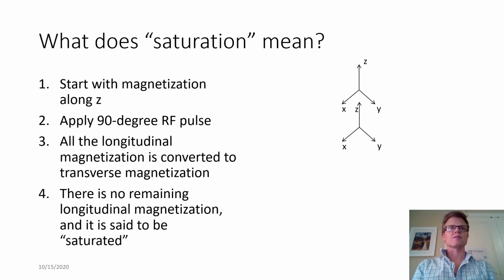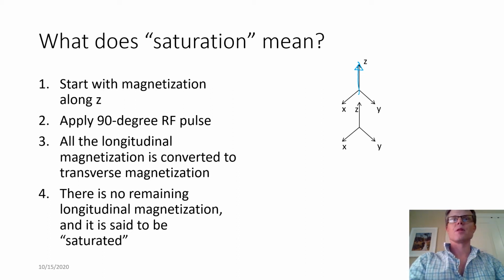So what is the process? What does saturation mean? What does this term mean in MRI? What saturation refers to is we start with our net magnetization along the z-axis.